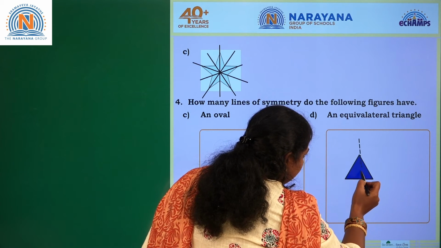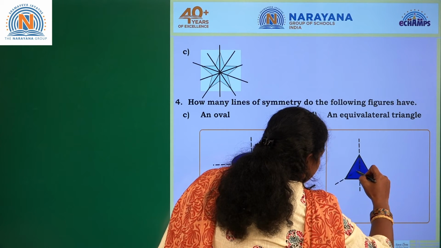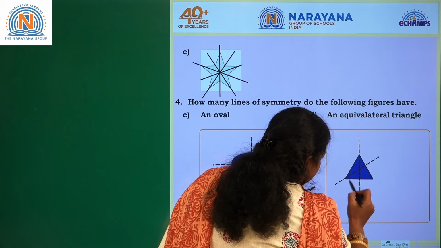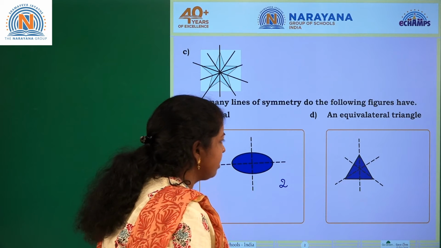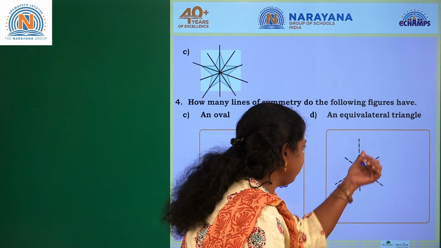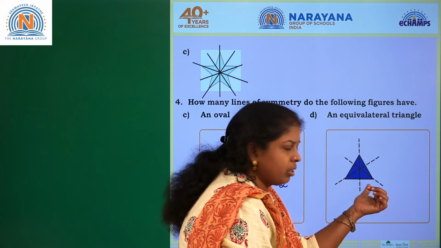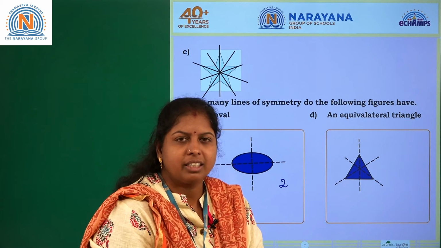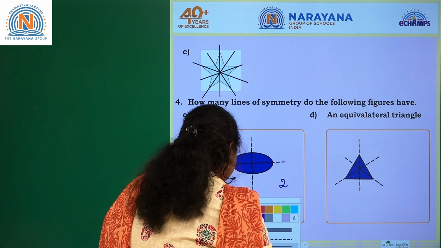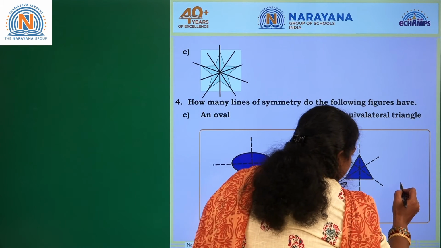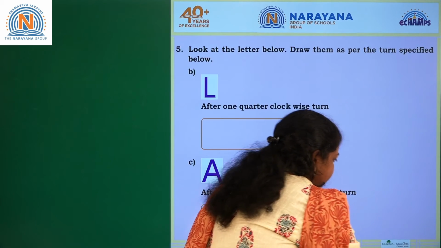One line from this corner, and one more line from here, and another line from here, right? So I can consider one line from each corner. That means an equilateral triangle will have three symmetrical lines. How many lines of symmetry? 3 lines of symmetry. Right. Let's move to the next question.